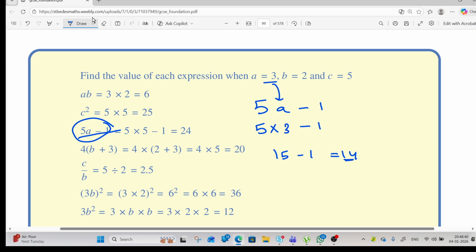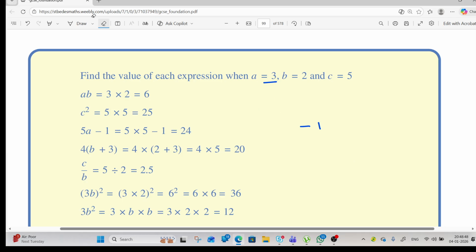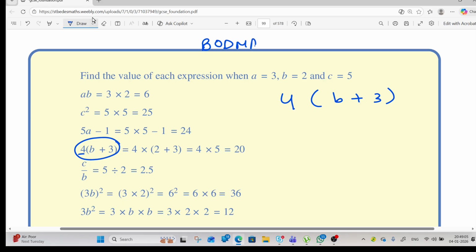Now let's do this one, which is 4 times b plus 3. So see, when you have a bracket, like here, b plus 3 is inside the bracket, right? So we solve the bracket first according to that rule, BODMAS, right?